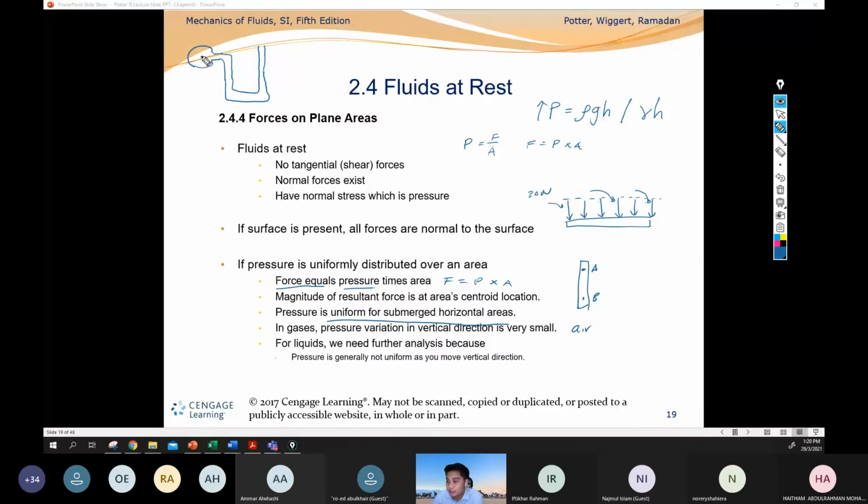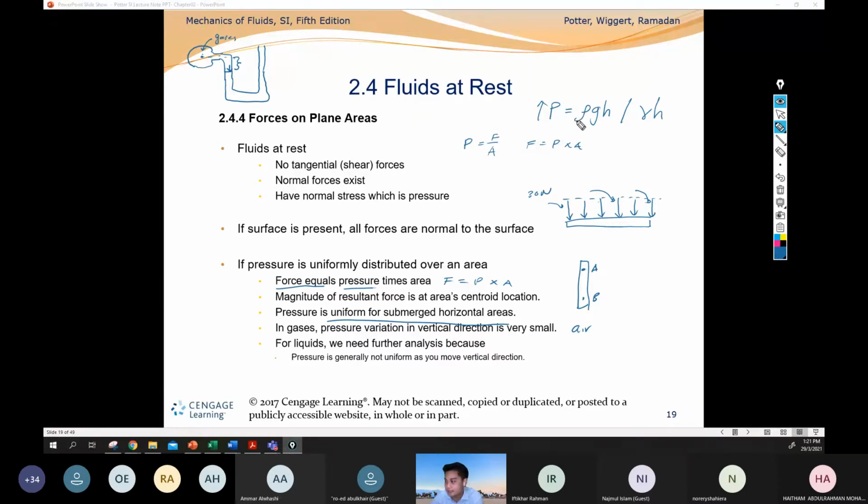For example, at this point, this is air, for example, gas. And then this is the height. So normally, we just ignore this pressure because this pressure and the pressure around here are almost the same.